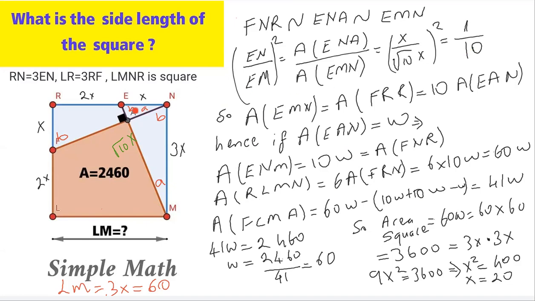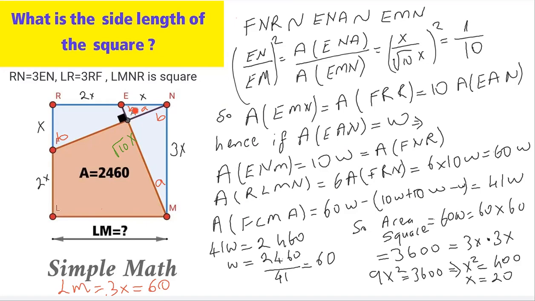So it means that if this little triangle has area W, the big one is 10 times more, 10W. Likewise, if this is W, this is also 10W, because this triangle and this triangle has same area if you check the sides.